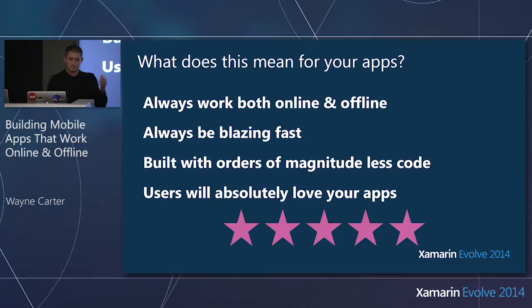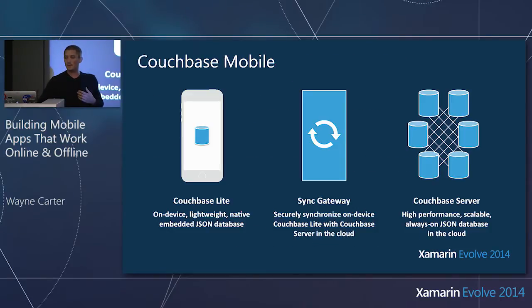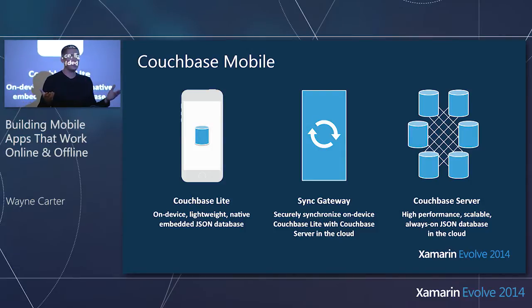So we know what we need. I'm from Couchbase. We have a product called Couchbase Mobile that meets this. It's made up of 3 components. We're a NoSQL database, so we're most notably known for our cloud database called Couchbase Server.